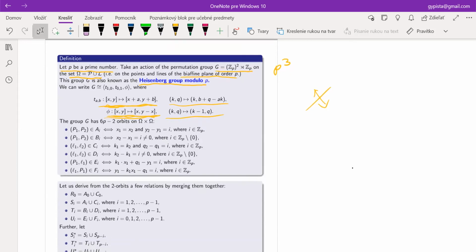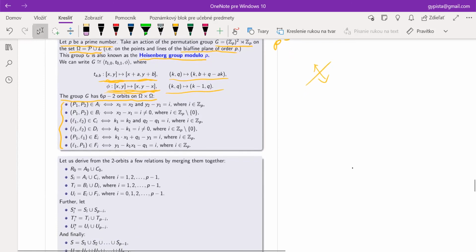And after that, we can consider the set of two-orbits on the set omega. Precisely, the set of two-orbits of this Heisenberg group coincides with the 6 types of relations we were defining in the case of the scheme of order 18.